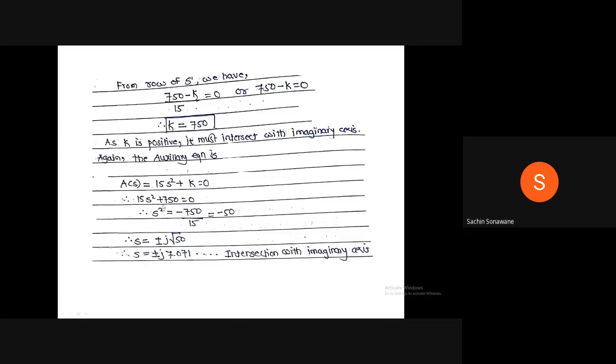Therefore 15s square plus 750 is equal to 0. Therefore s square is equal to minus 750 divided by 15, which is equal to minus 50. Therefore s is equal to plus minus j into root of 50, therefore s is equal to plus minus j into 7.071, intersection with imaginary axis.